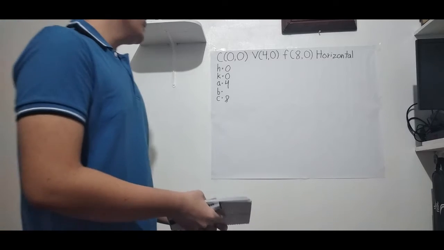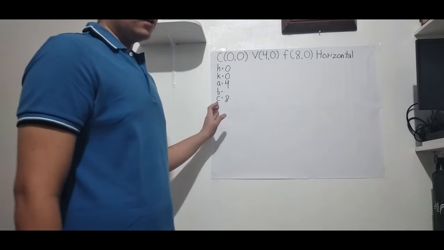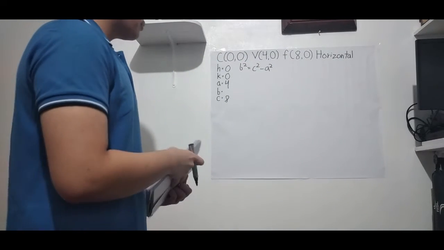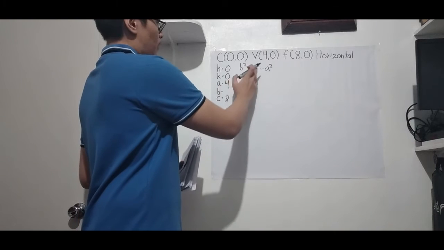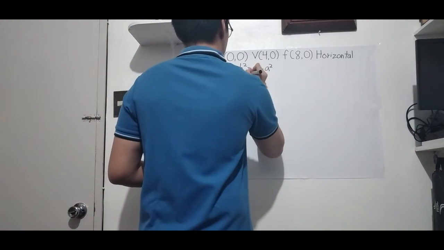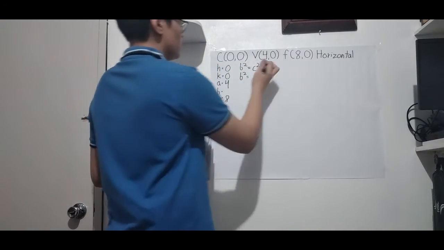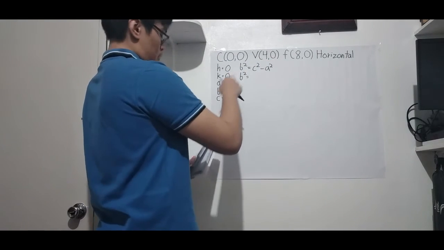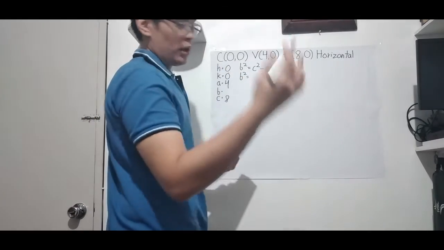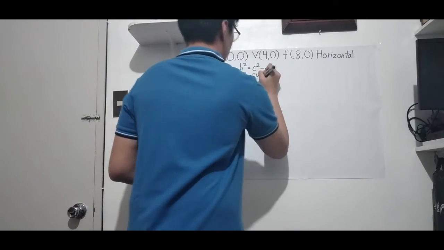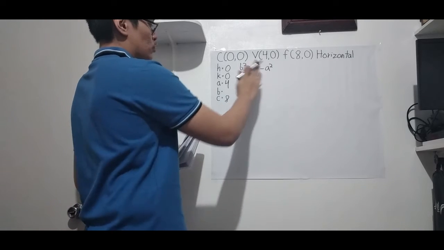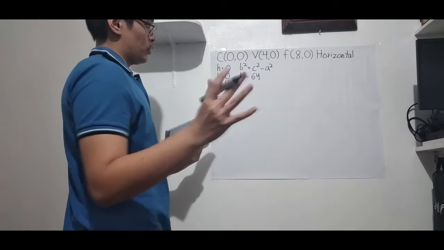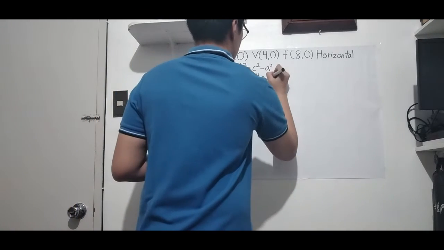But since we're finding b instead of c, we rearrange it, so b squared equals c squared minus a squared. Putting in the values, our c is 8, so 8 squared is 64, minus a squared, 4 squared, which is 16.